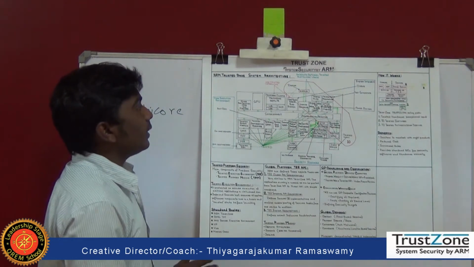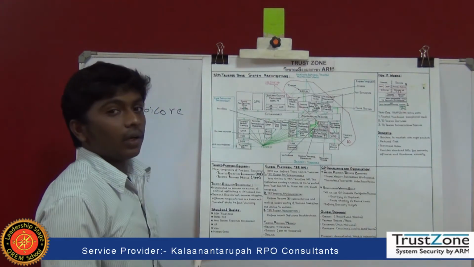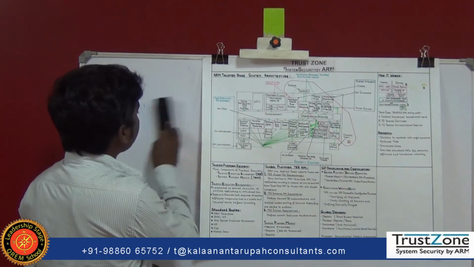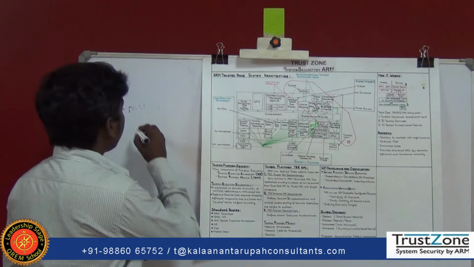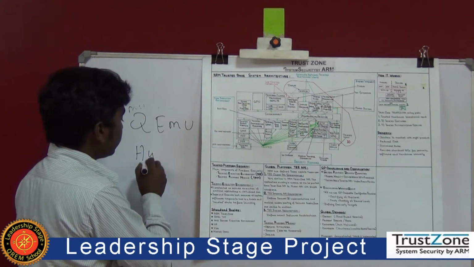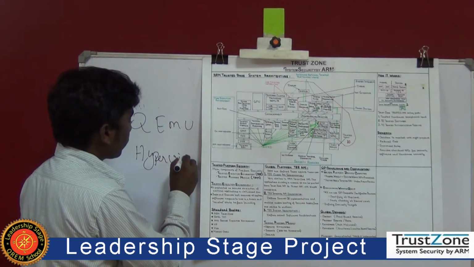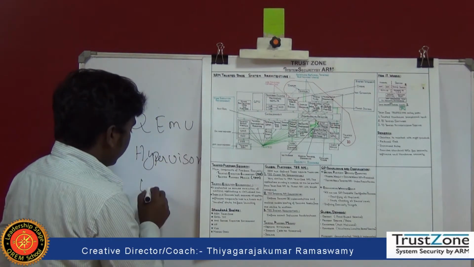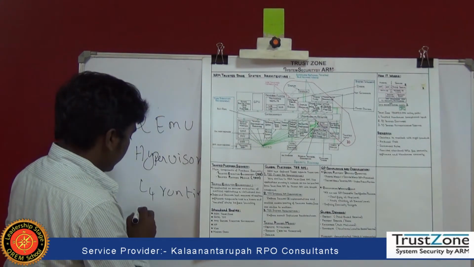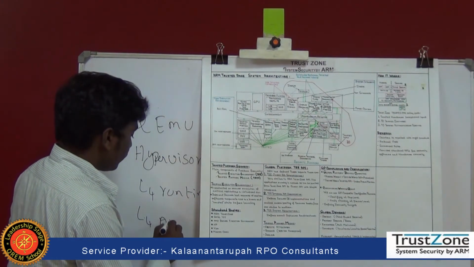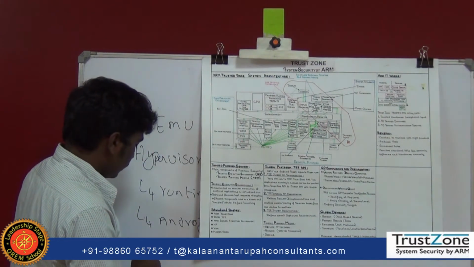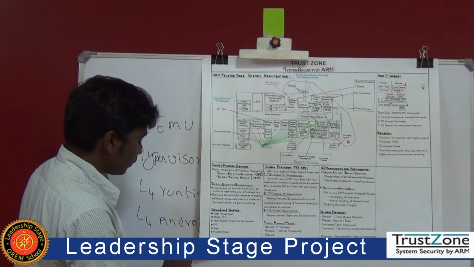For implementing Trustzone in Android, we are using some components like QEMU, hypervisor, L4 runtime, L4 Android, and the Fiasco microkernel.